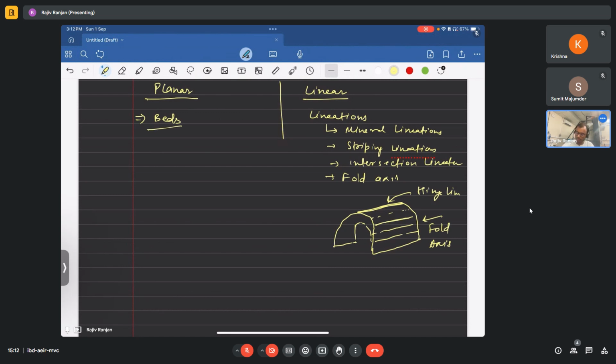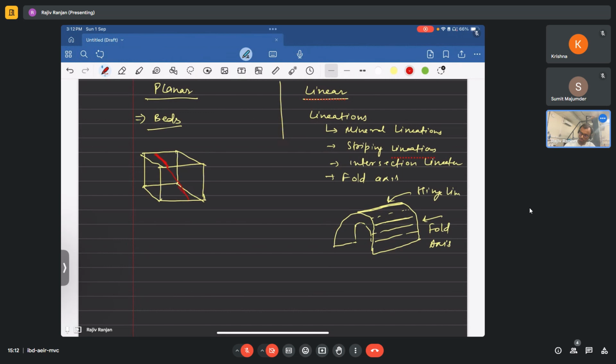So for beds, for example, suppose this is a block and there is a bed.